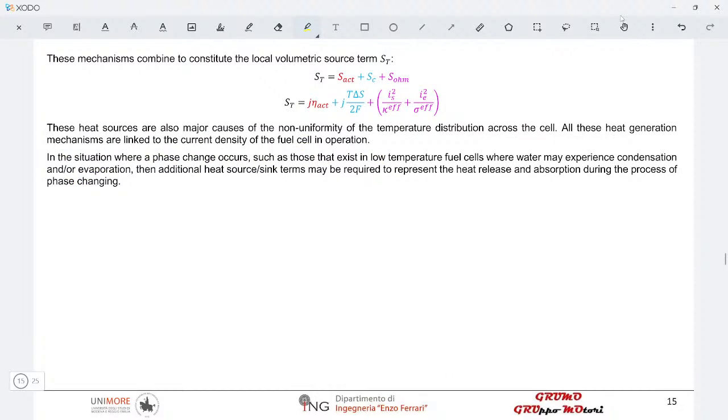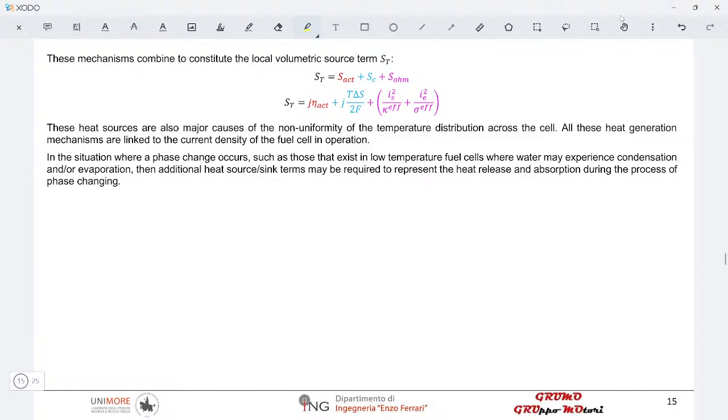To sum up, this source term for temperature can be composed by these three terms: activation, electrochemical reaction, and Joule effect. Now, at catalyst layers, we have the full expression, because at catalyst layers we have all these sub-processes contributing to heat generation, active, developing, generating heat.